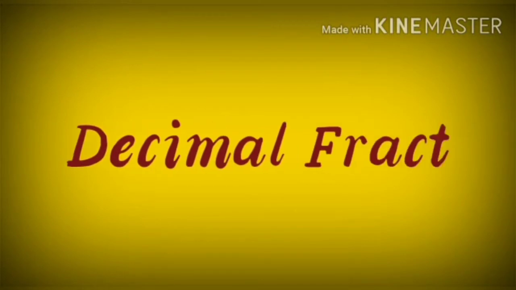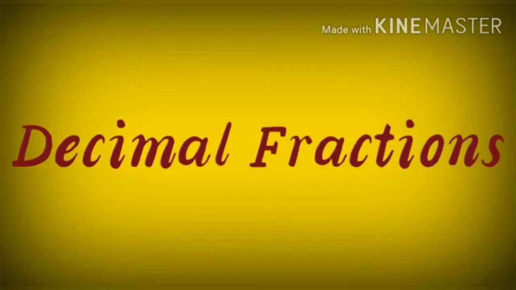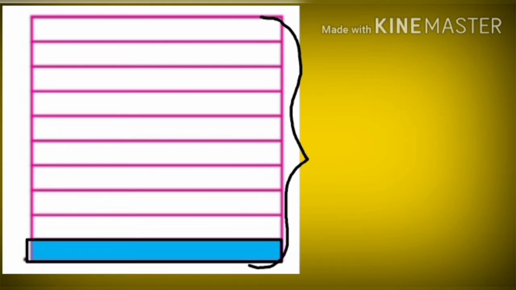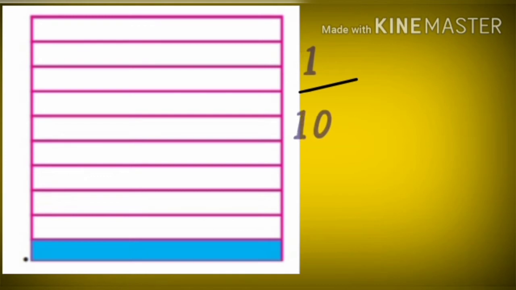You have already studied about fractions. Let us learn about decimal fractions. Observe the example, children. First figure, a square. Second figure, a square. Divide the square into 10 equal parts and color one part of it. This is written as 1 by 10 in fraction.